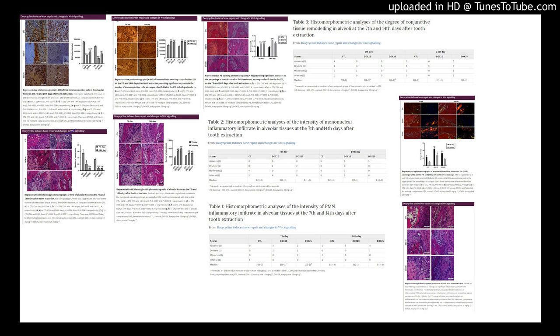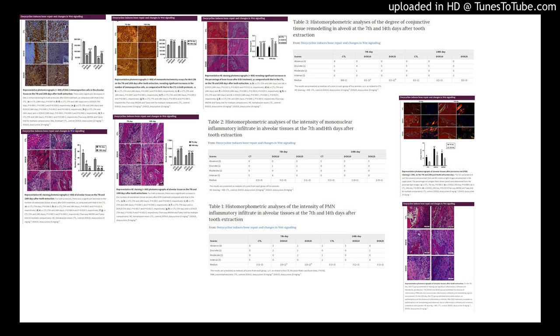Alveolar conjunctive tissue remodeling. On the 7th day after tooth extraction, a significant degree of remodeling was observed in the groups treated with DOX10, median 1, 1-2, and DOX25, median 1, 1-1, compared with the CTL group, median 0, 0-1.